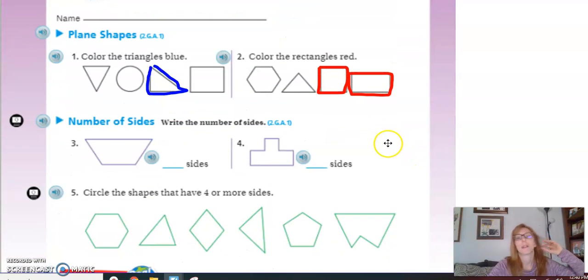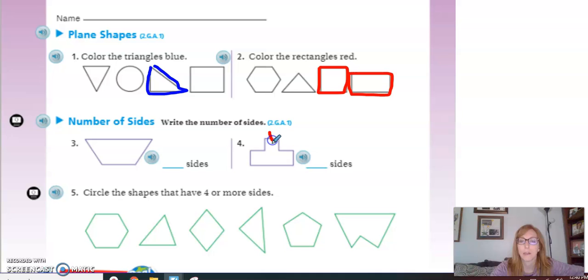All right, so then it says write the number of sides. If you go and count 1, 2, 3, 4, you have 4 sides. And then write the number of sides. Remember, you should be marking these off as you're counting, just so that everything's nice, neat, and organized.